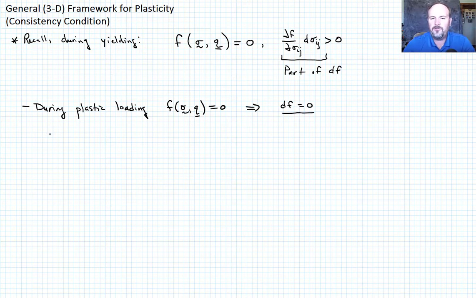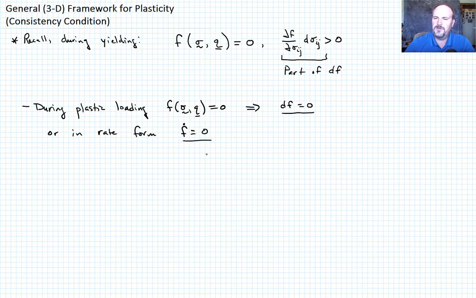Or we could write it in rate form, with the dot there. We could say that f dot equals 0, right?